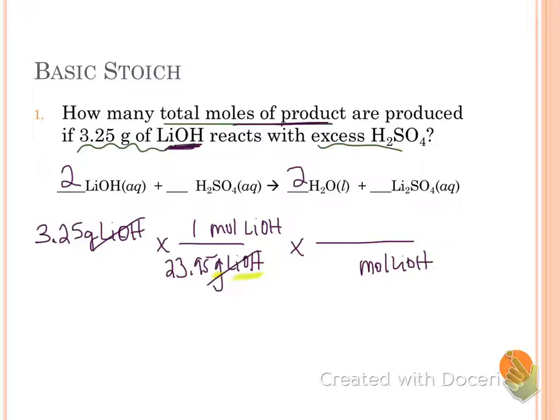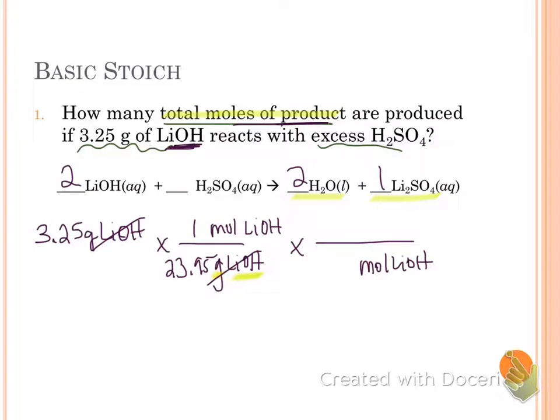But this problem's asking me not just for one of my products, it's asking me for moles of total product. Well, let's take a look at this. For our moles of product, we have the 2 moles of water, but we also have 1 mole of the lithium sulfate.